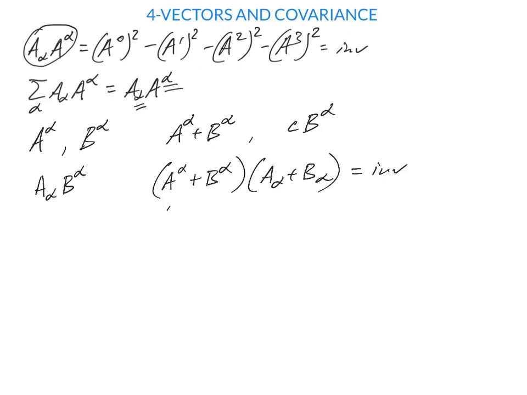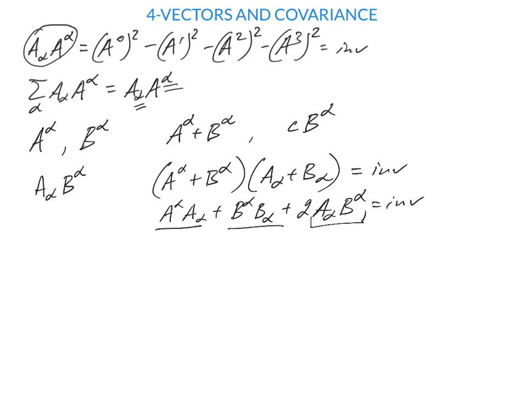But if I open the brackets, I'll find A alpha A alpha plus B alpha B alpha plus 2A alpha B alpha. Now it's the same thing, so it's still invariant, but this is invariant because A is a vector, and this is invariant because B is a vector. So then this must be invariant too. So a contraction of different vectors gives a scalar.